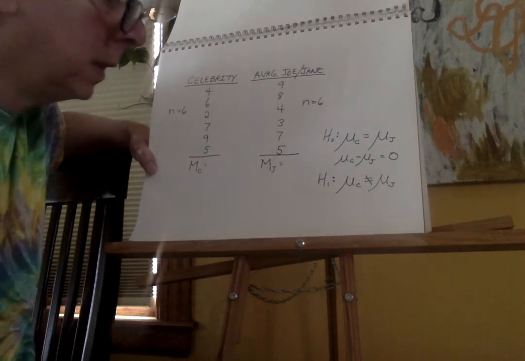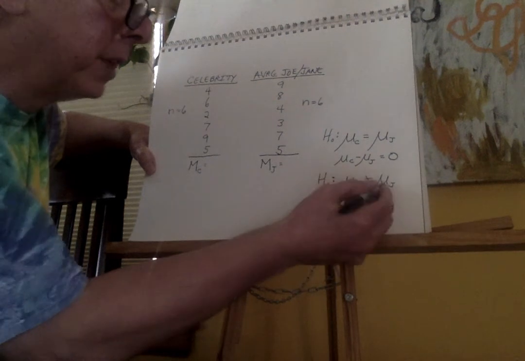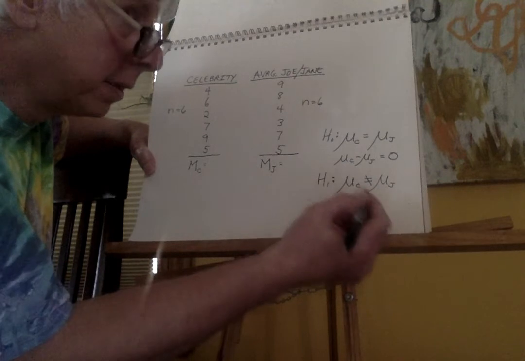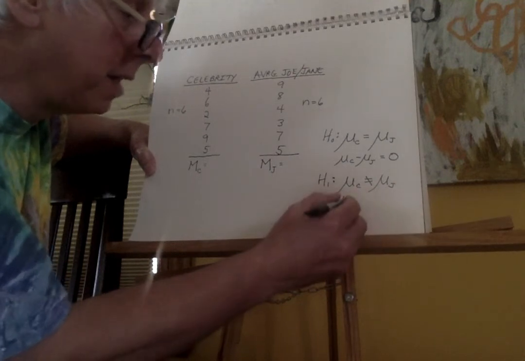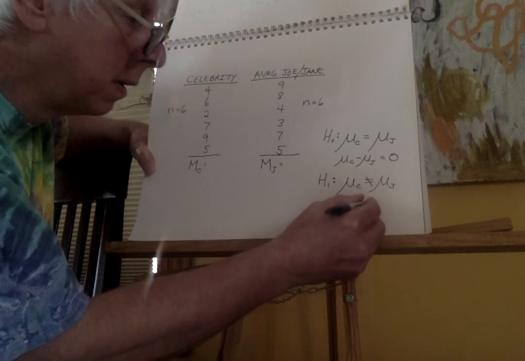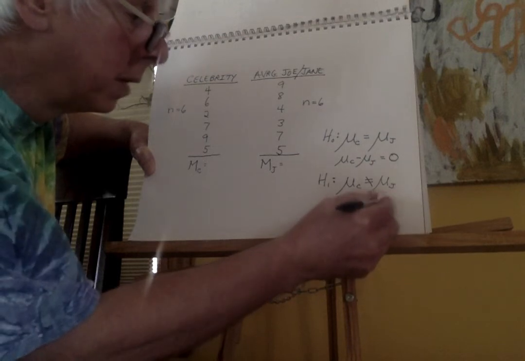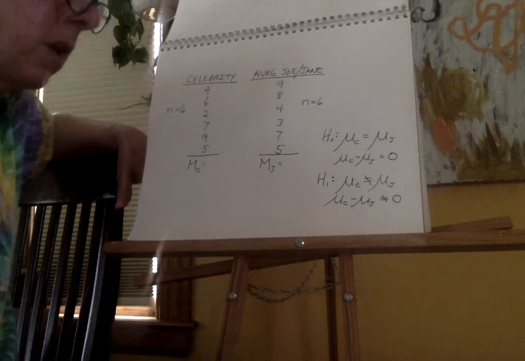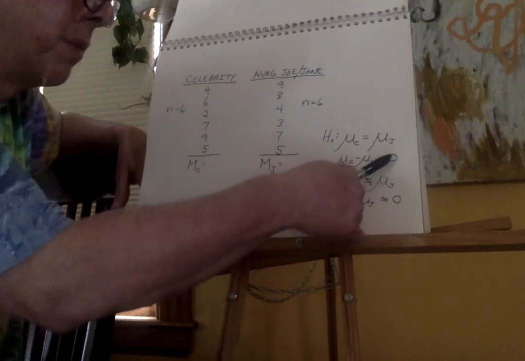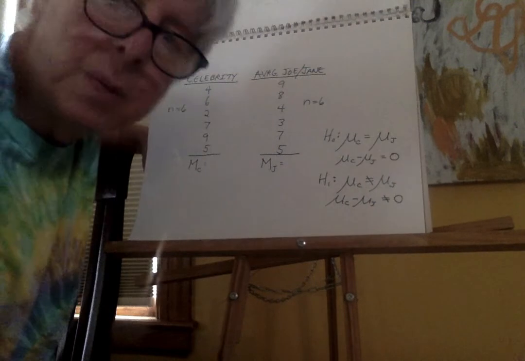Everybody cool? And if these are different, then if I subtract them, I'm going to get a value of something other than 0. If they're equal, I'm going to get a value of 0 or something close to it.